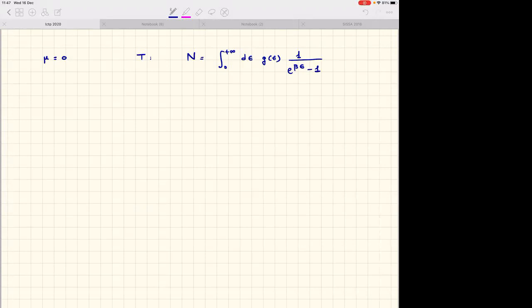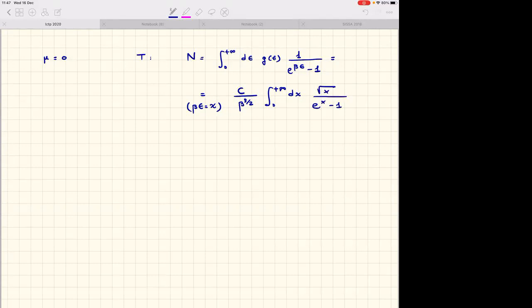It's not difficult to estimate this integral. If I set beta epsilon equal to x, and I change variables, this is c, the constant that was in front of my density of states, over beta to the power 3/2 times the integral between 0 and plus infinity dx of square root of x over e to the x minus 1.